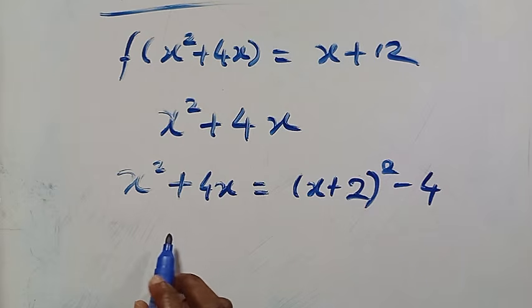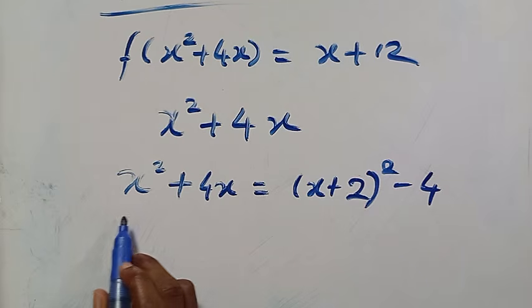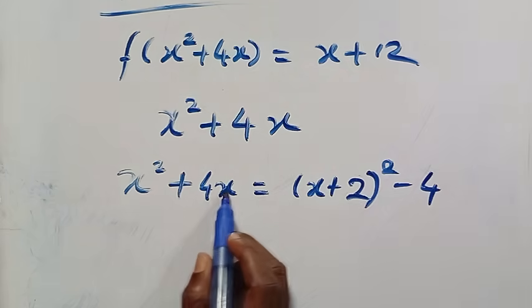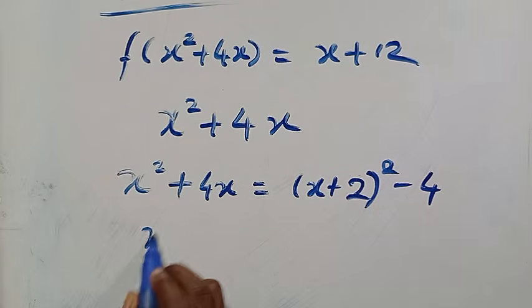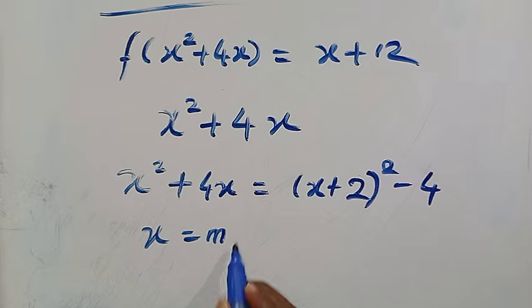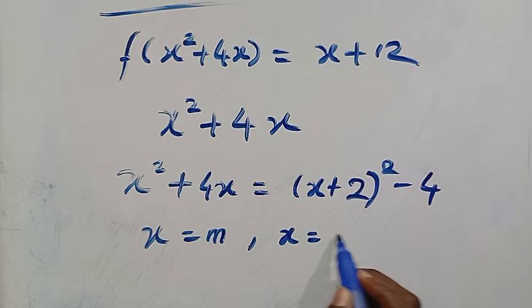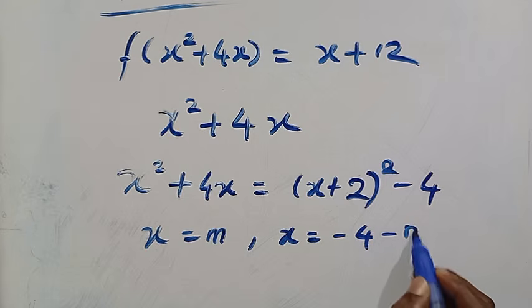Observing something here, this x squared plus 4x takes some values at, let's say, x equals m. This is the first value that it takes. And again, it takes a value at x equals minus 4 minus m. How are they related?